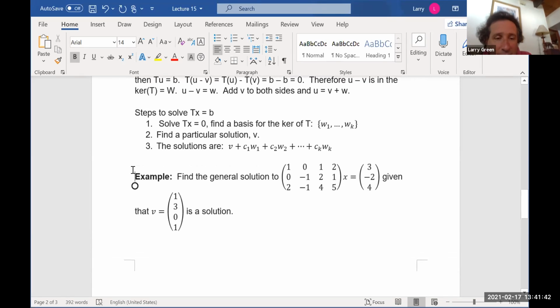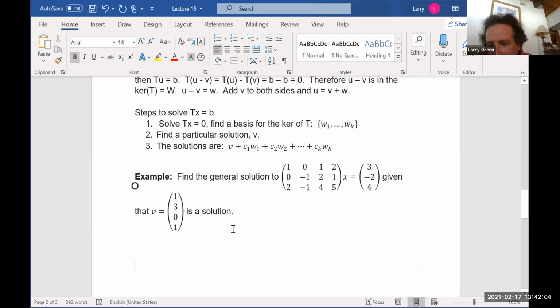All right, so the question is, find a general solution to the matrix with rows 1, 0, 1, 2; 0, negative 1, 2, 1; 2, negative 1, 4, 5, times vector x equals 3, negative 2, 4, given that 1, 3, 0, 1 is a solution.